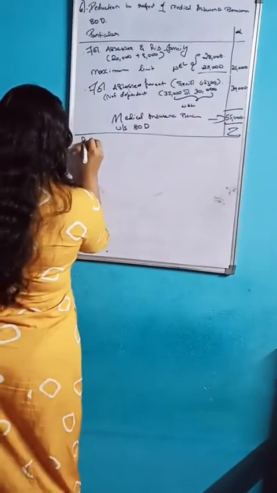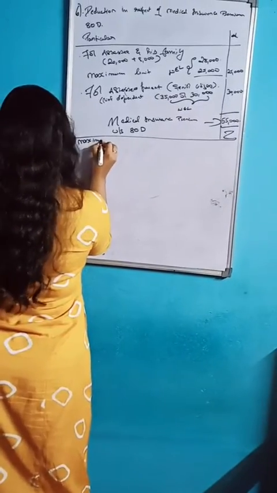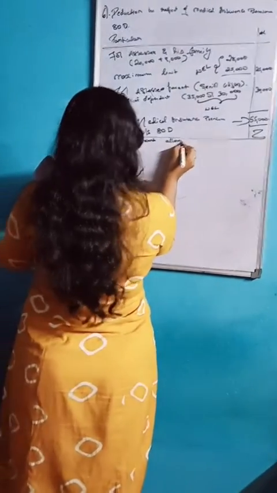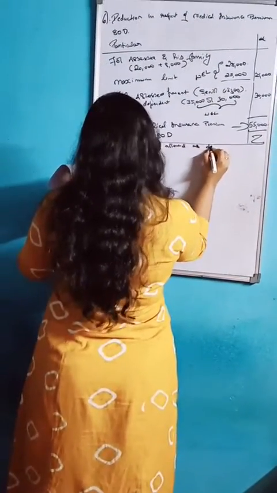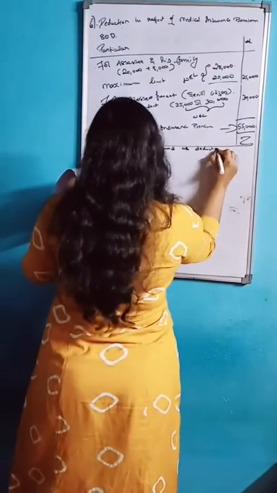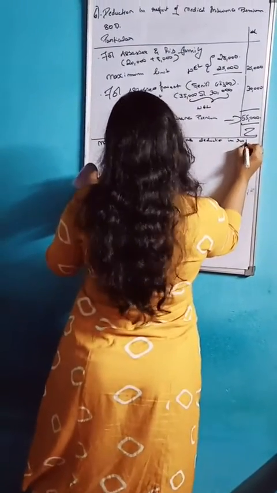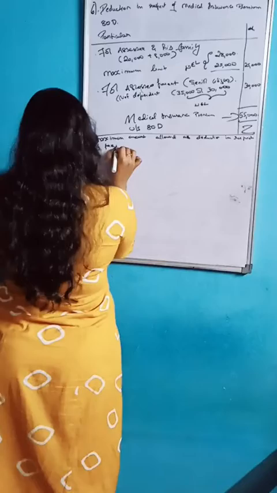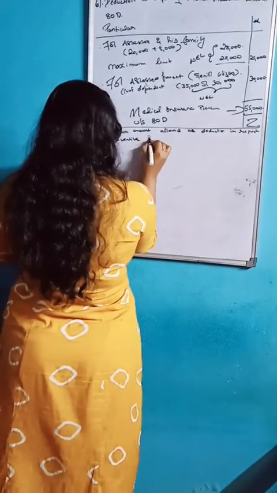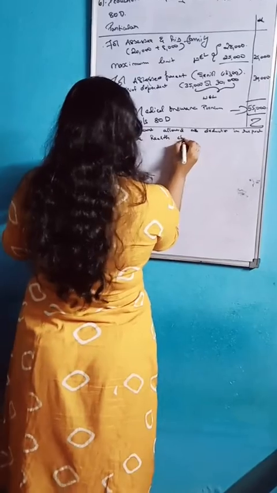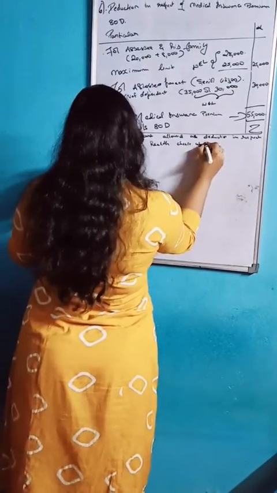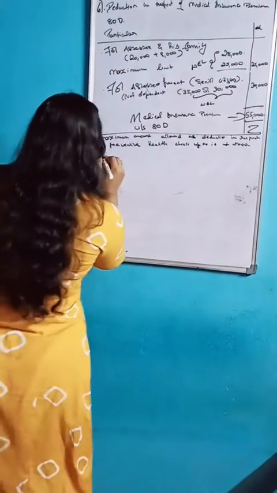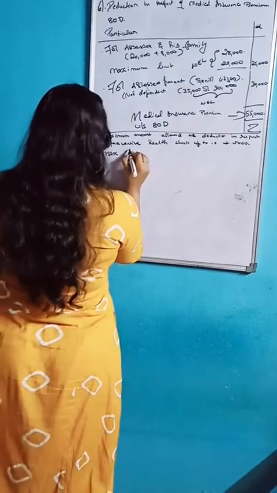So here the maximum amount allowed as deduction in respect of preventive health checkup is up to rupees 5,000.